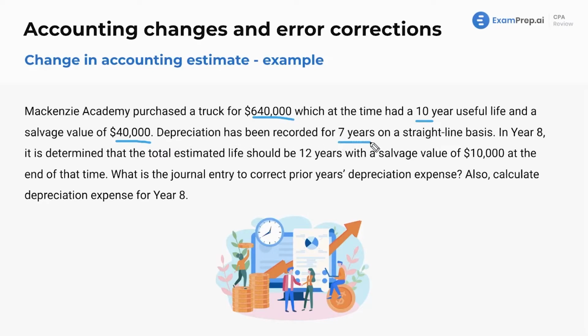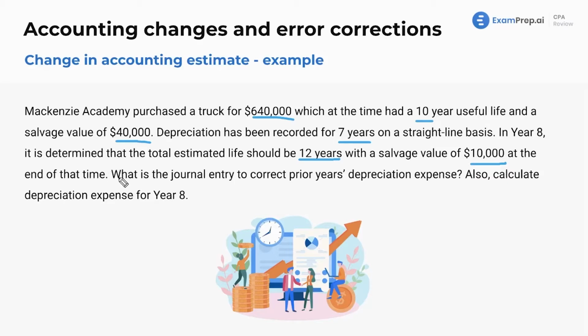So that's locked in. That's happened already. But in year 8, it's determined that the total estimated useful life should be 12 years. So it went from 10 years to 12 years, not 12 additional years, with a salvage value now of 10. So two things changed. Not only did the useful life change, but also the salvage value amount changed.